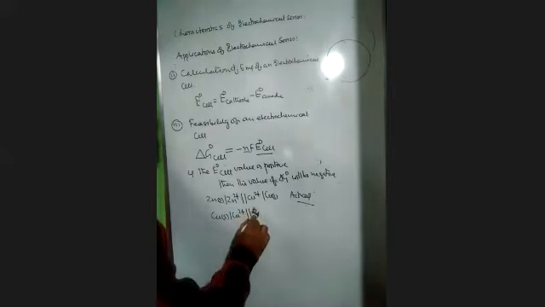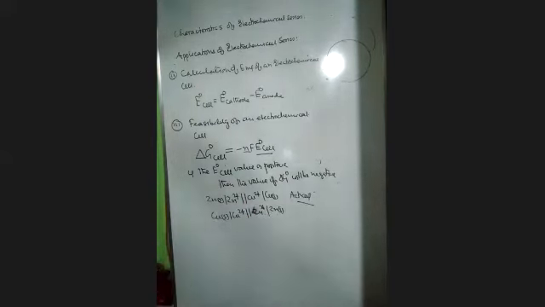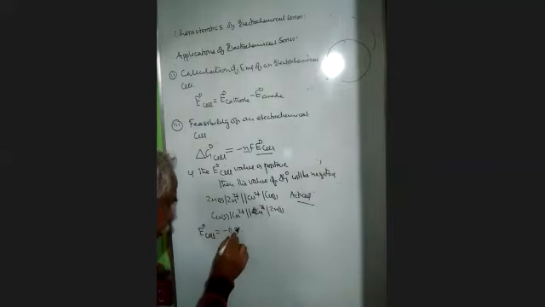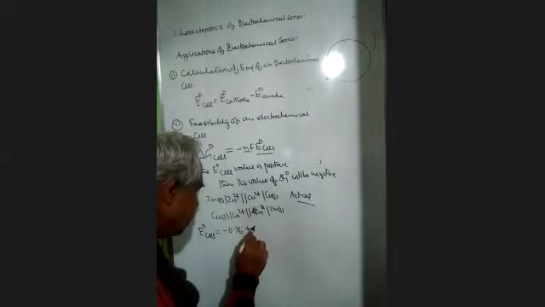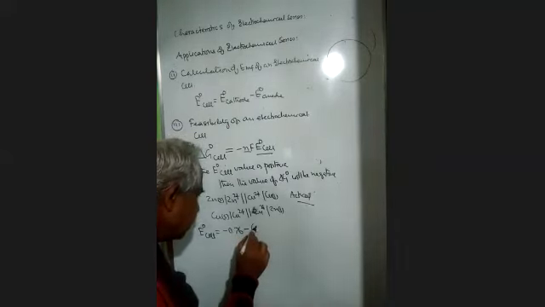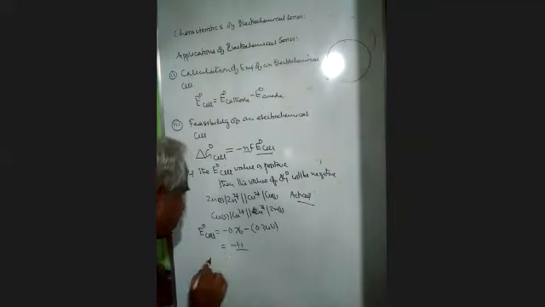See here, so what is the E0 cell here? You know, cathode minus anode. What is this value? Here it is what you got from the book, and what is this? 0.34. Yes. So it will be, sorry, minus 0.34 volt. So it comes to minus 1.1 volt.